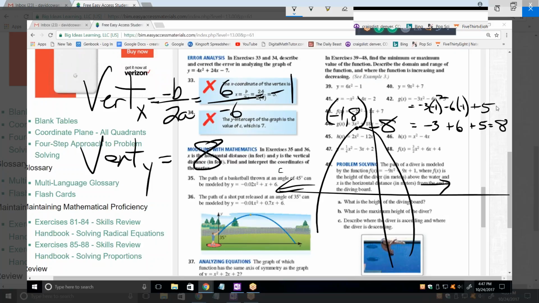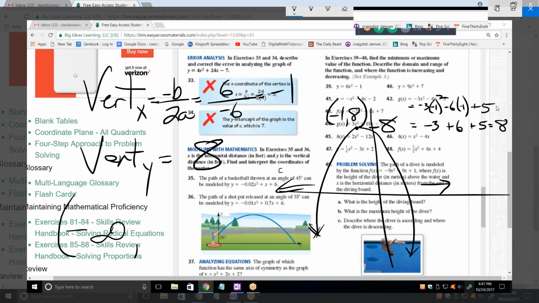Now, range is a different story. Range is always going to be restricted for a parabola. Well, if I start from -infinity, which is where you always want to start your range from, and we can see that it does go to -infinity, in other words, if I extend those all the way down, they go to -infinity.